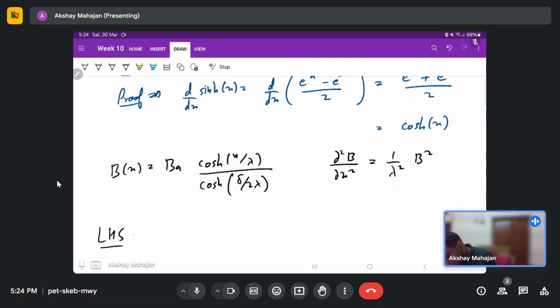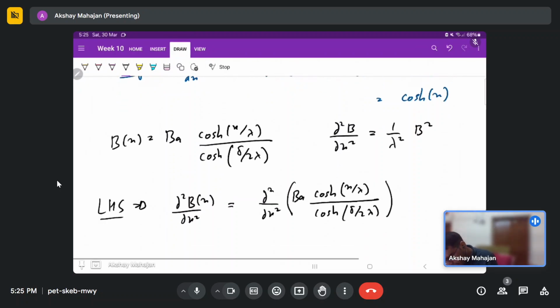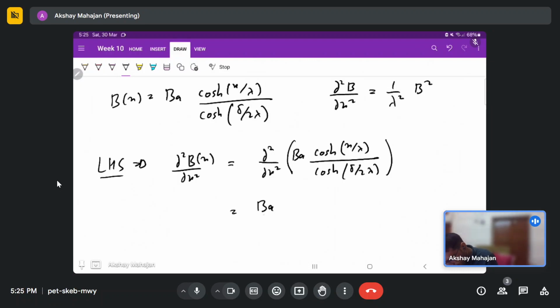So if we take the left hand side, we have to find ∂²B/∂x², B of x basically. So that will be ∂²/∂x² of B_a times cosh(x/λ) divided by cosh(δ/2λ). Okay, so just take the constants out.